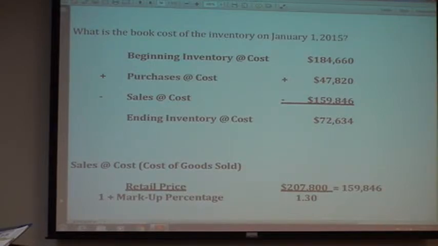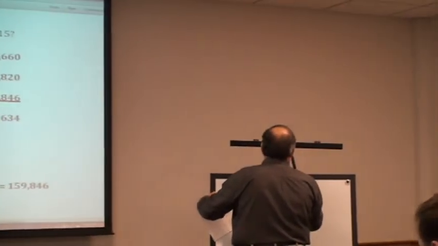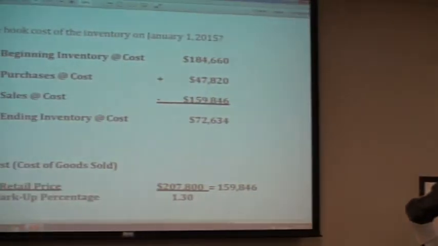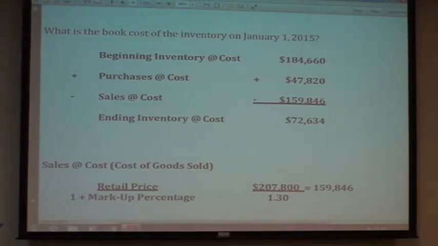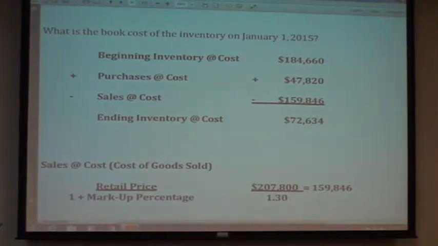Let's just call it beginning inventory. It's $200,000. Purchases at cost, this will be $50,000.